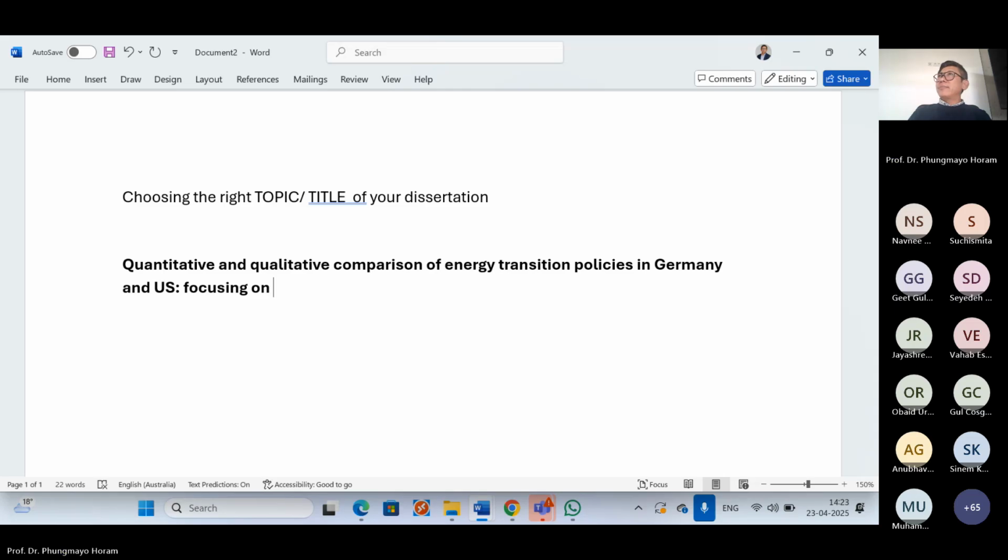Focusing on factors influencing renewable energy share. All right, good.